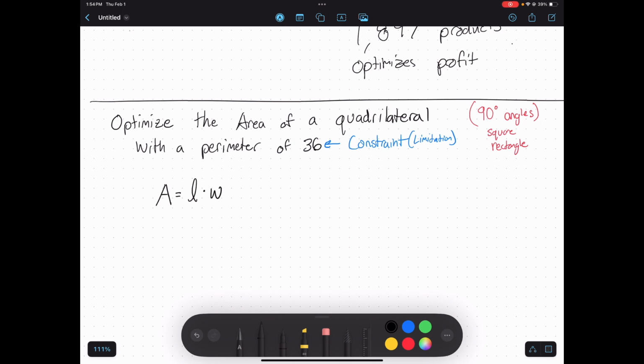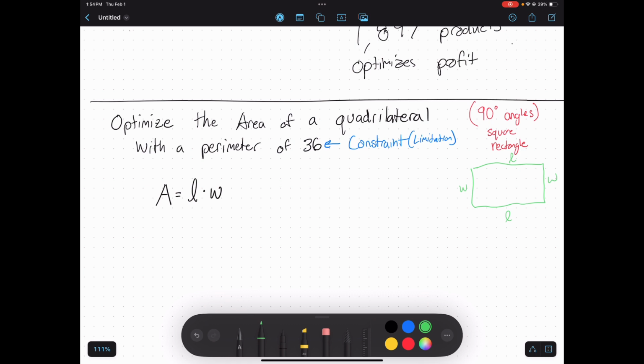We're keeping that option open. To help you out, here's a picture. And just a little reminder from your geometry days, a square counts as a rectangle. A square is a type of rectangle. So don't worry, this covers squares too. So there's my equation for the area of a quadrilateral.